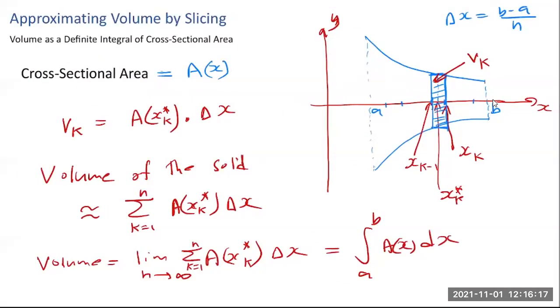That's exactly what I explained here. If you know the cross-sectional area at a given point x, then you can use this formula to calculate the volume of that object on the interval [a, b]. All right, let's move on.